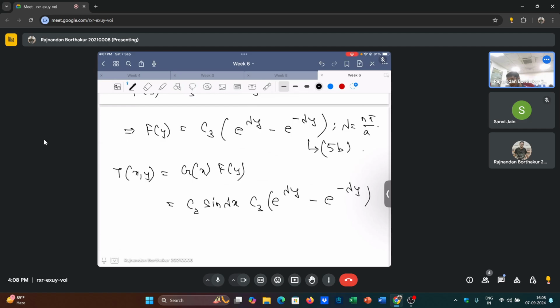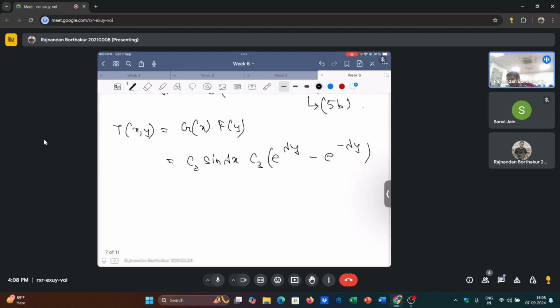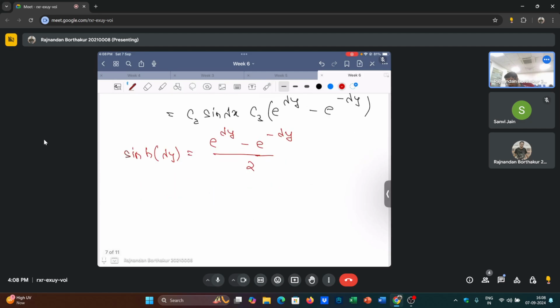We'll do one more thing here. I think you know that sine hyperbolic lambda y can be written as e power lambda y minus e power minus lambda y by 2, which means e power lambda y minus e power minus lambda y equals 2 times sine hyperbolic lambda y.